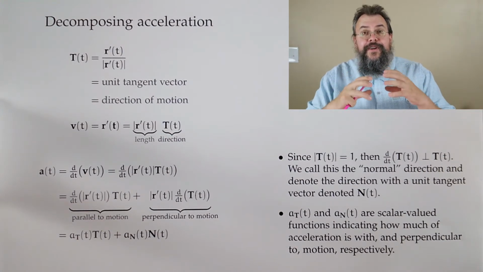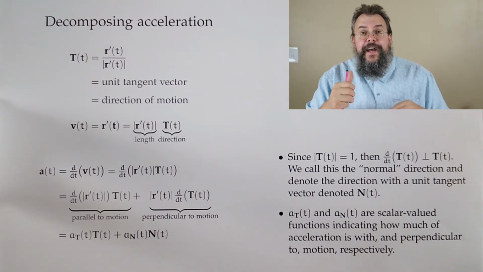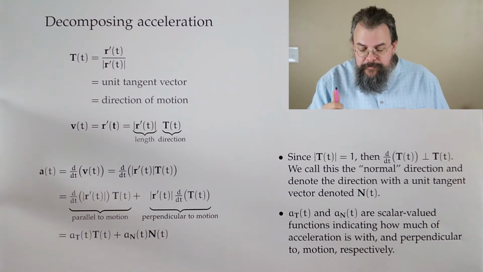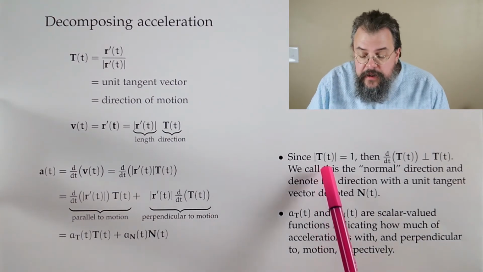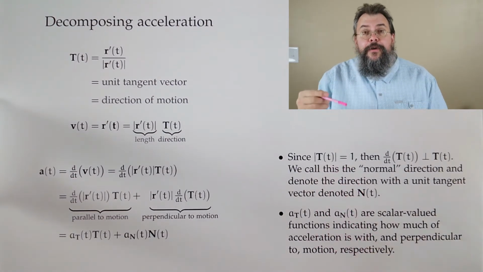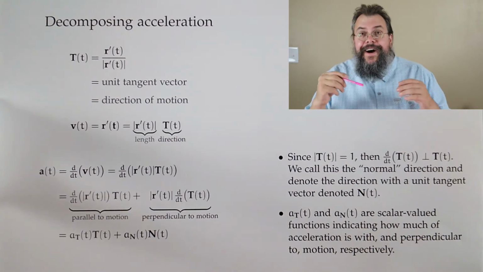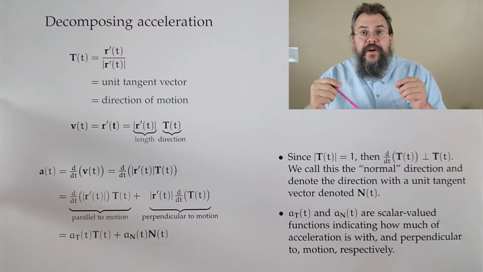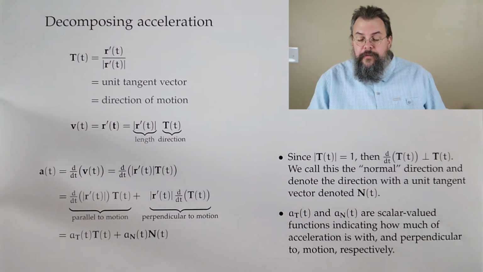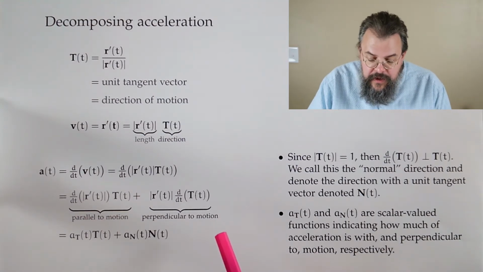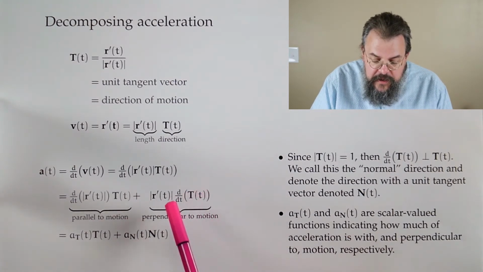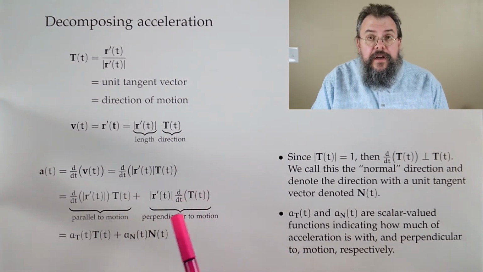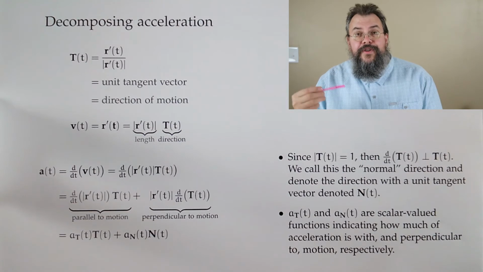Well, notice that the unit tangent vector has length 1. See, that's what we're saying here, length 1. And therefore, by that fun property, we say, aha, the derivative is perpendicular to the function itself. Fantastic. So we know that this vector valued function, whatever it is, has to be perpendicular to our tangent vector.